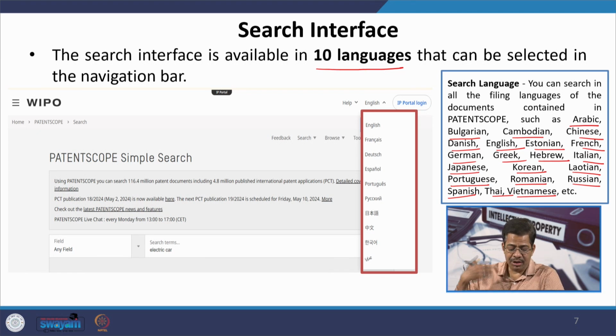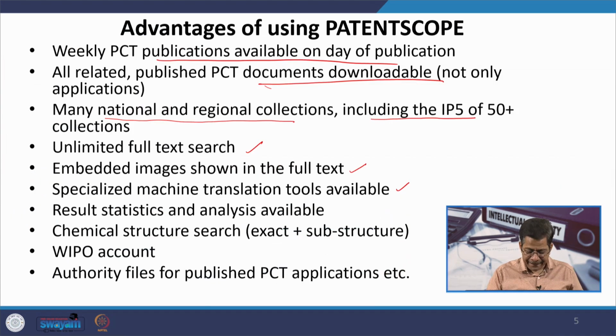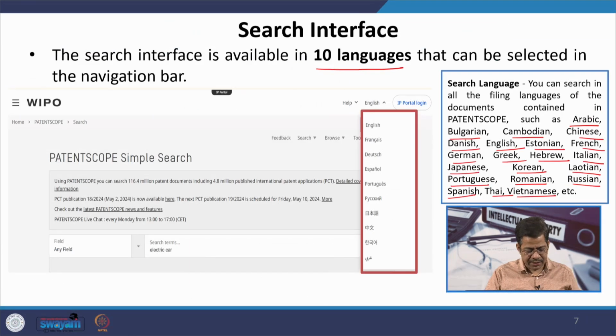So there is a huge list of search languages possible, and for example, if you see the query examples, one of the ready-made examples we have selected from that list of quick examples is electric cars, and we have searched this electric car here in English.